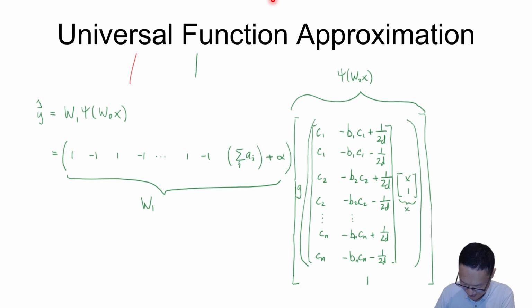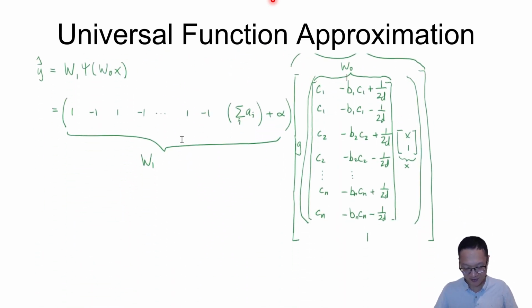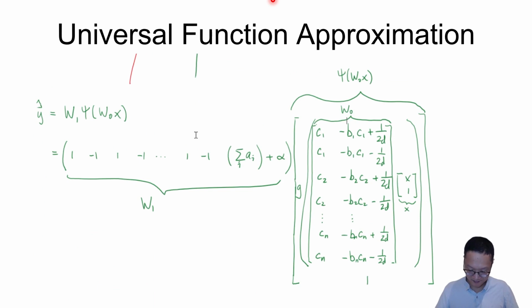This part is x, where we just append 1 to x, and this part is supposed to be our W0, a matrix. So I'm saying that this multi-layer perceptron with one hidden layer is actually the same function that we saw earlier. Let's multiply everything out and see this.